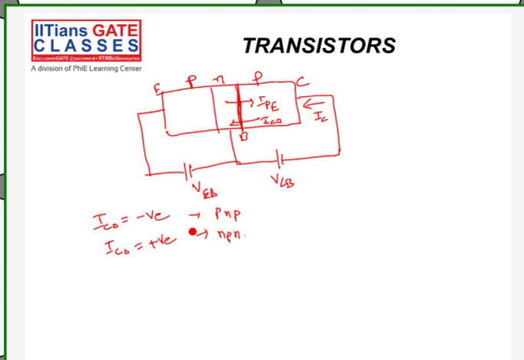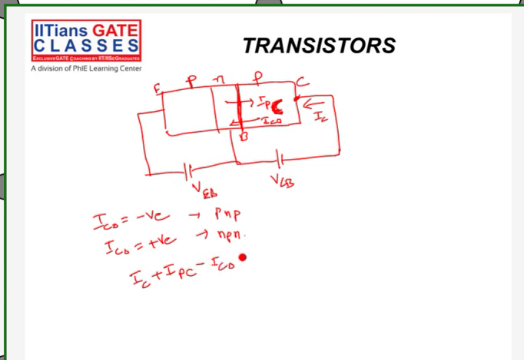Remember, if I apply KCL at this terminal, this point, through KCL, IC plus IPC. This is not IPE, this is IPC. These two currents are entering the junction, minus ICO.